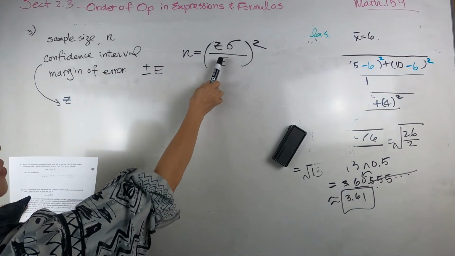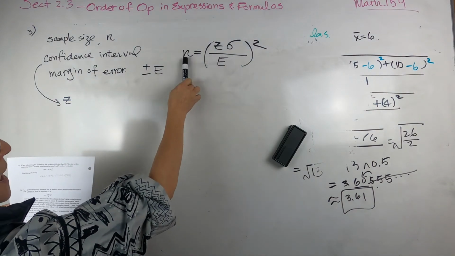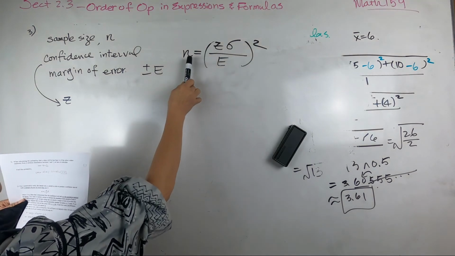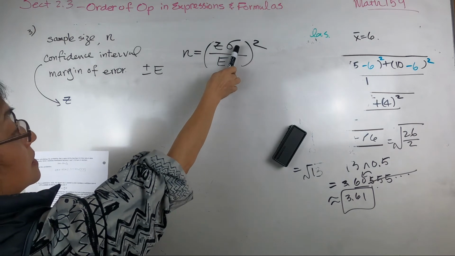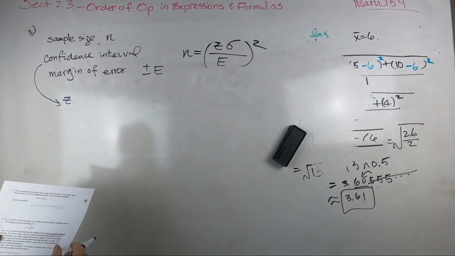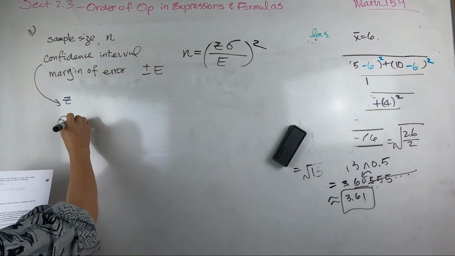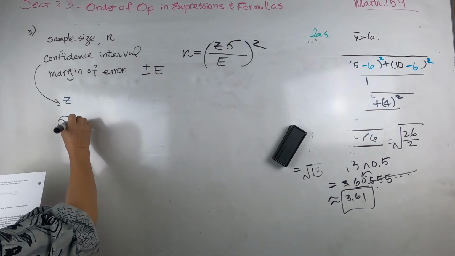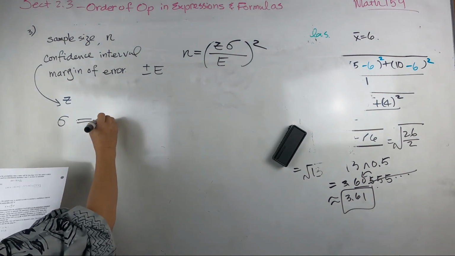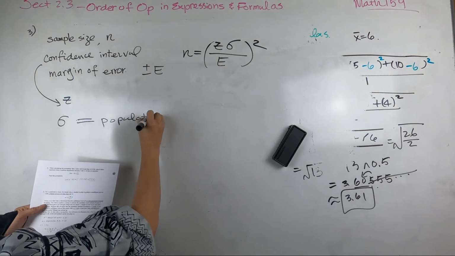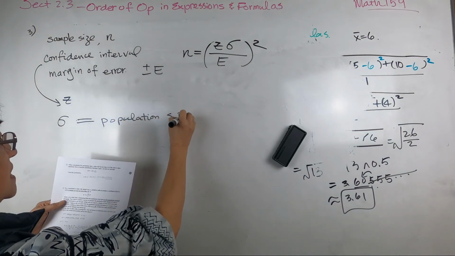And we need z, n, sigma, e. We mentioned z, we mentioned n, we mentioned e. But how about sigma? It says sigma is the population standard deviation.